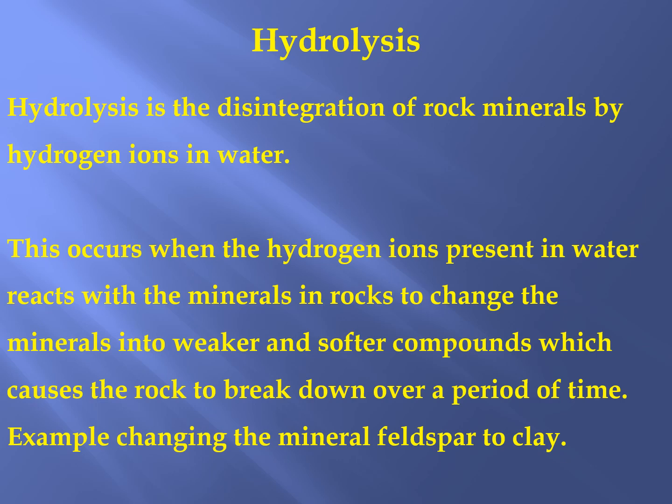All right, so that's what really happens in hydrolysis, because the hydrogen ions in the water basically displace the original minerals or their ions, and as a result you tend to have new compounds being formed, but it's a much weaker compound than the original mineral that was there. So the rock becomes extremely weak.